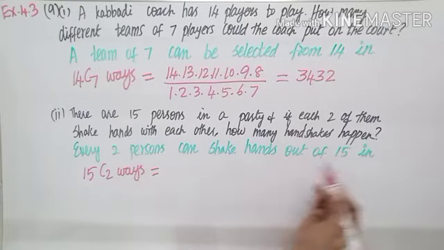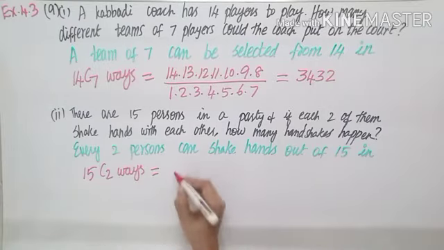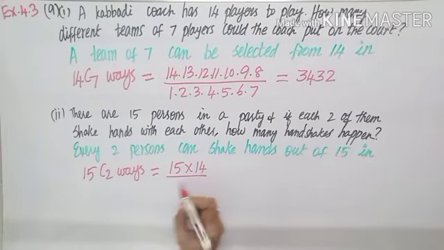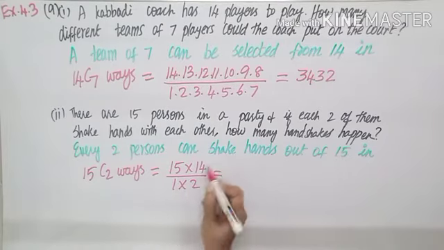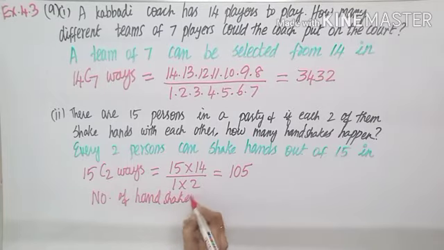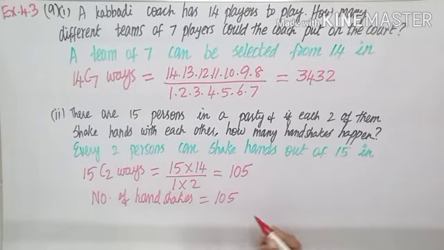So there are 15C2 handshakes, which is 15 into 14 by 1 into 2. Cancel, 105. So the number of handshakes equals 105. The question is, how many handshakes happen in the party, which is 105.